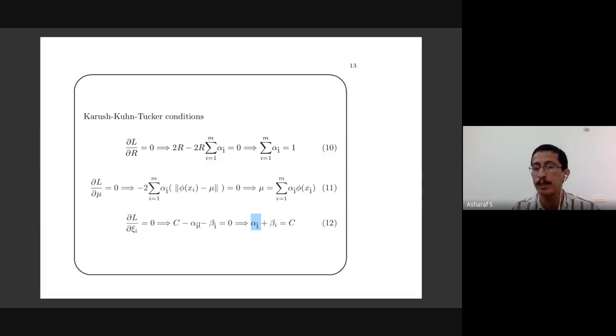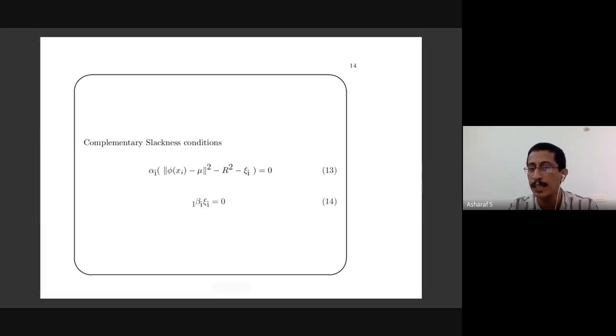So if α_i is between 0 and C, β_i will be positive. If β_i is positive, what will happen? ζ_i will be 0, because as per the complementary slackness condition ζ_i has to be 0.